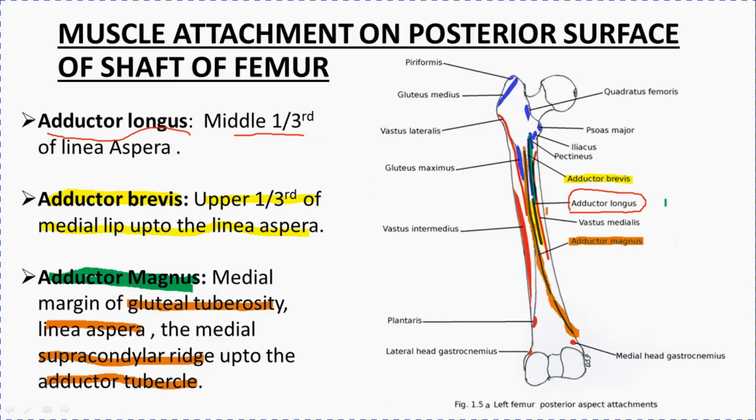The adductor brevis is arising from the upper one third of the medial lip up to the linea aspera. Adductor longus, middle one third of linea aspera. Adductor magnus, medial lip of gluteal tuberosity down up to the medial supracondylar ridge and the adductor tubercle.